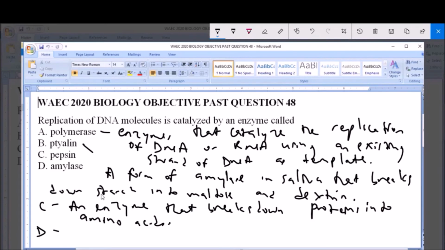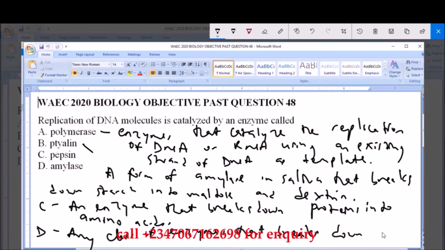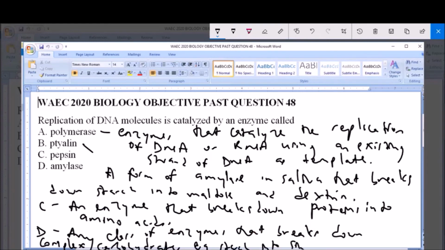And lastly, option D, amylase, refers to any class of digestive enzymes that breaks down large complex carbohydrates such as starch into simpler sugars, e.g. glucose.